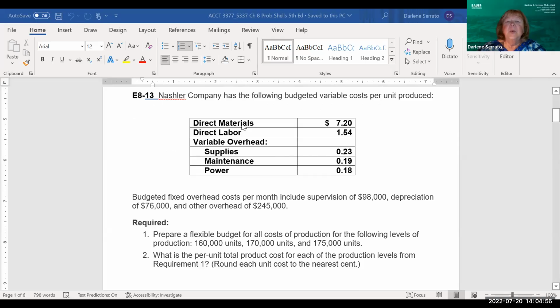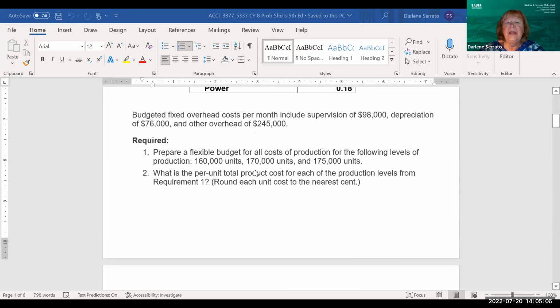Okay. So direct materials and direct labor are always variable cost. Variable overhead, we have supplies, maintenance, and power. They want us to prepare flexible budgets at 3 different levels of activity: 160,000 units, 170,000 units, and 175,000 units.